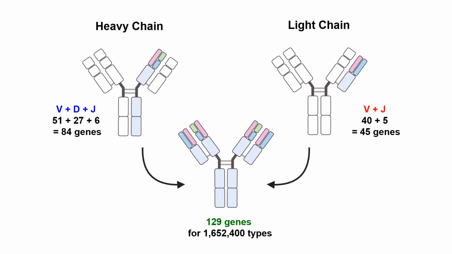Utilizing these 129, they can make more than 1.6 million different types of antibodies. So this is utilizing the combinatorial power by using a limited number of building blocks. By combining those sets, they can generate a lot of diversity. This is the magic of antibody diversity.